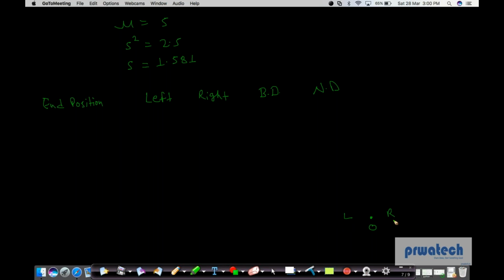So I'll be here: 1, 2, 3, 4, 5, 6, 7, 8, 9, 10. My position is here because I get all the times tail, which means 10 towards right and 0 towards left. What is my end position? My end position is 10 towards right.